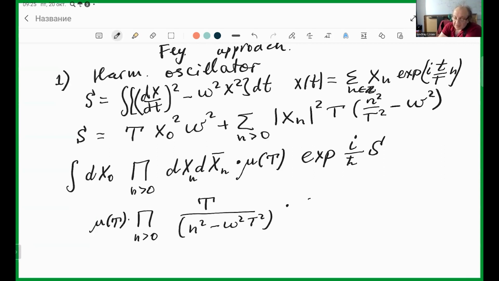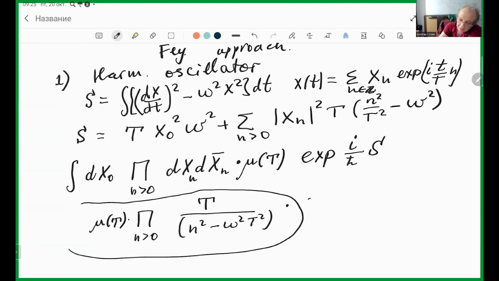So I have this terrible product. What does it mean?